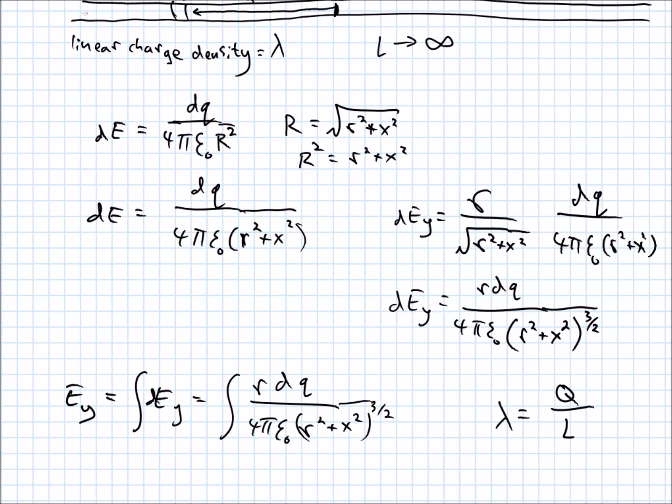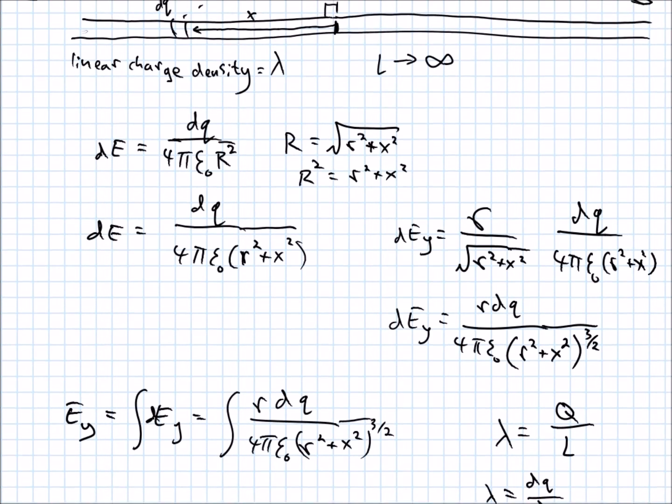But for something with a uniform linear charge density, which this rod is, I don't know if I mentioned that, it's also true that any little piece of charge over the little distance that corresponds to it is equal to the linear charge density as well.